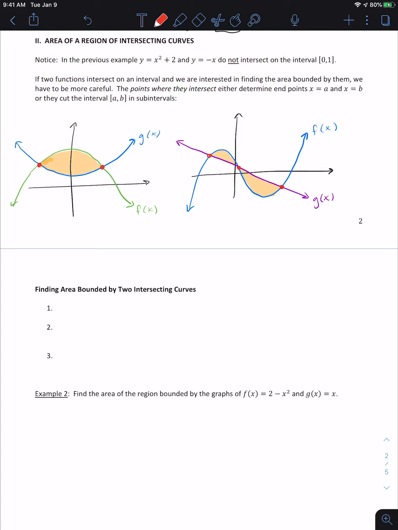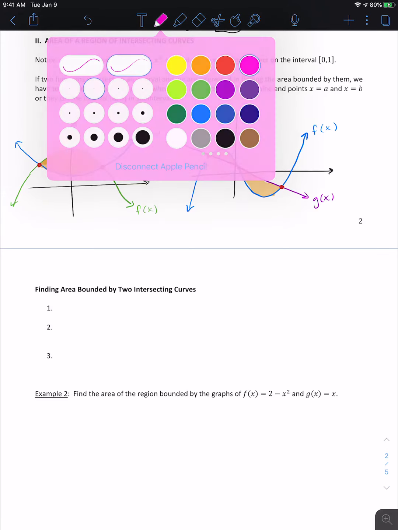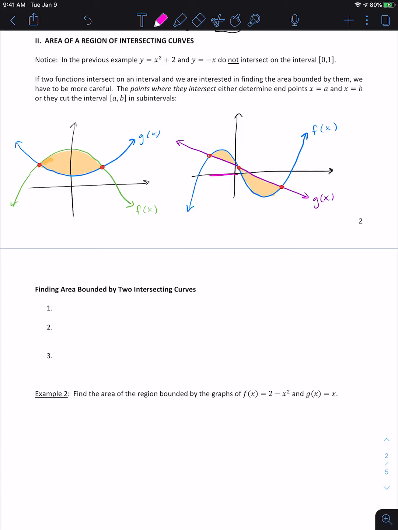Notice on this first piece, let me highlight it here. Let's get a different color. On this first piece of the interval, my blue function is the top function and my purple function is the bottom function. But on the second piece of the interval, like from here to here, the purple graph is the top function and the blue graph is the bottom function, right?